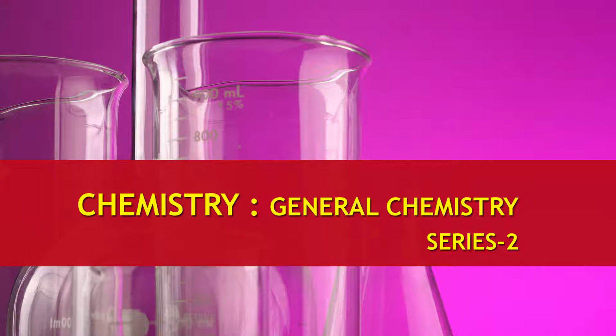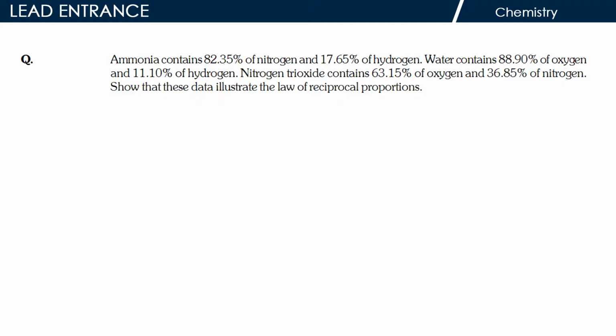So let's start with the questions in this video tutorial. Read the question carefully. Question 1. Ammonia contains 82.35% of nitrogen and 17.65% of hydrogen.